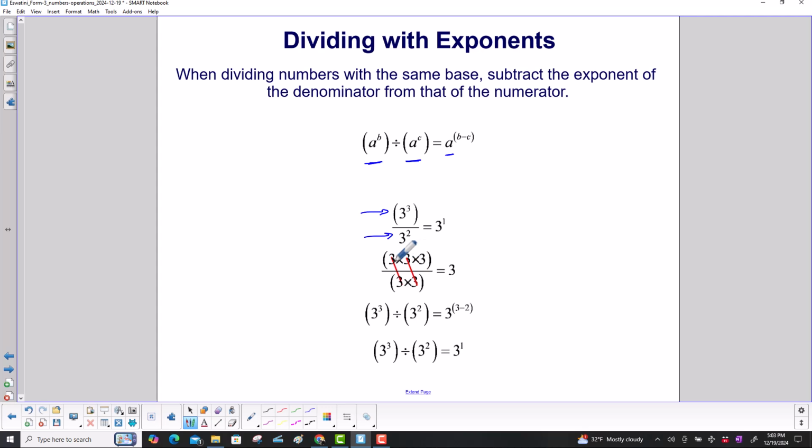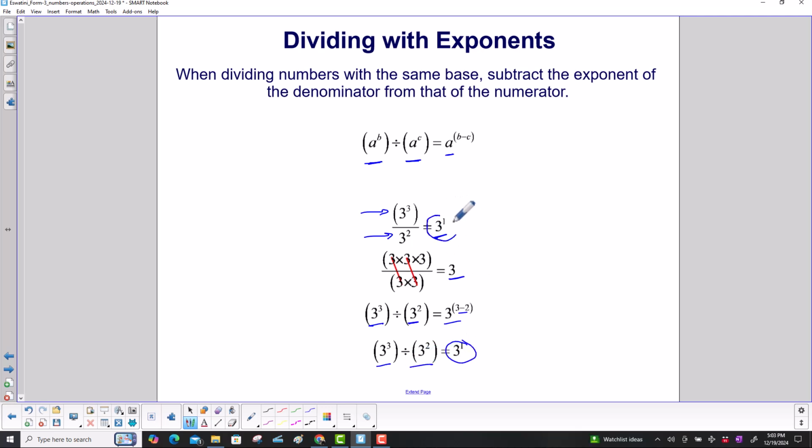So we expand those out. We have 3 times 3 times 3 divided by 3 times 3. We cross out a couple 3's, and we're left with 3. So that's 3 to the 1st. So 3 cubed divided by 3 squared is 3 to the 3 minus 2, which is 3 to the 1.